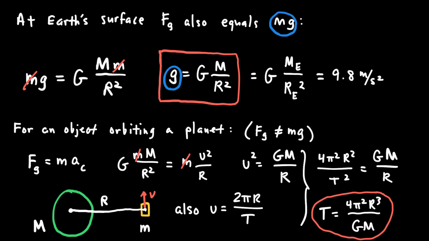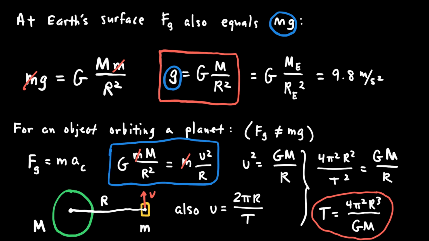And by Newton's second law, that would be equal to the mass of that object times the centripetal acceleration. Here I've related the force to the acceleration, and I find that, once again, the mass of the satellite cancels off. It's on both sides of the equation.